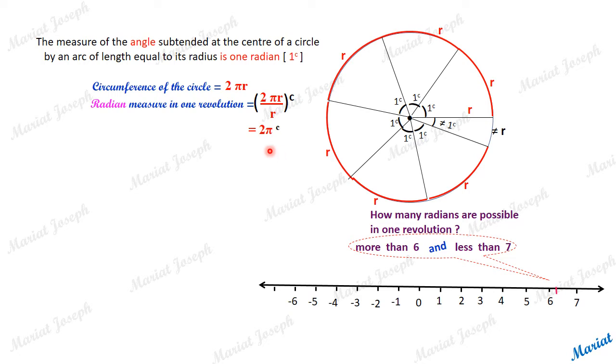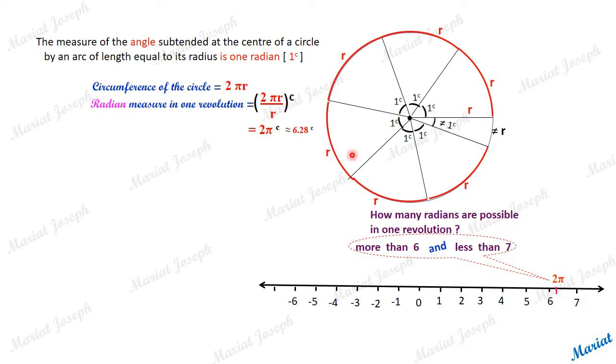2 pi radians. What is this 2 pi radians? Just now we mentioned already, pi is approximately equal to 3.14. That is a constant. So 2 pi will be 2 into 3.14. That is 6.28. So this is that exact number, between 6 and 7 that we already found.